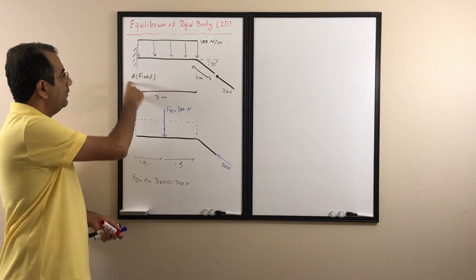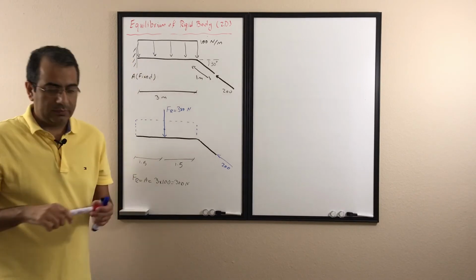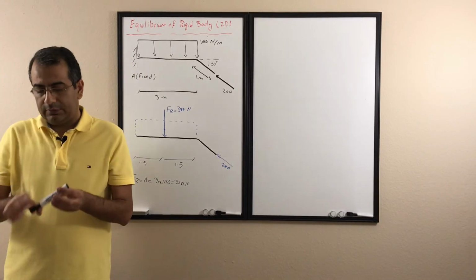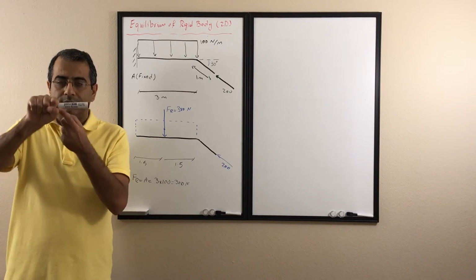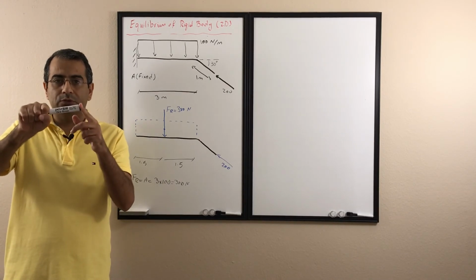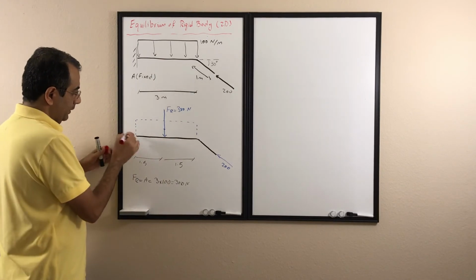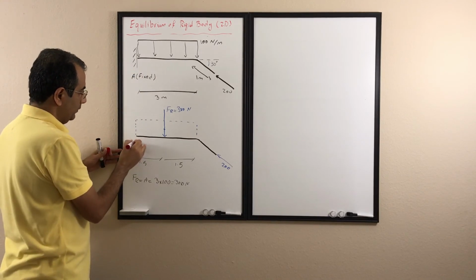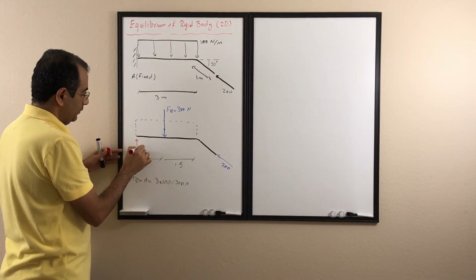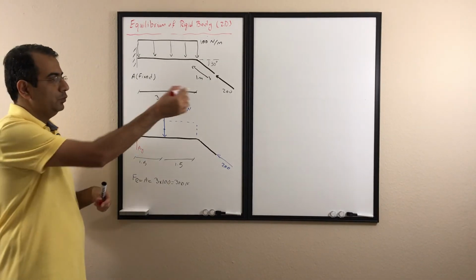The fixed support is like I hold that marker like that. It doesn't let it go left or right, it doesn't let it go up and down, and it doesn't let it rotate. So I have to add one reaction in the y direction because it doesn't let it go up and down. And as I say, I just assume the direction, and we do the calculation.